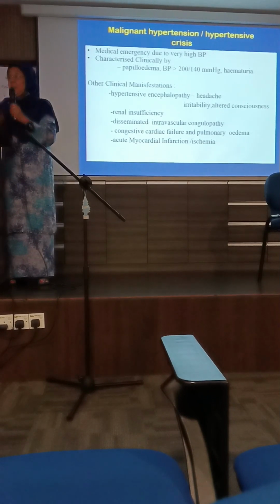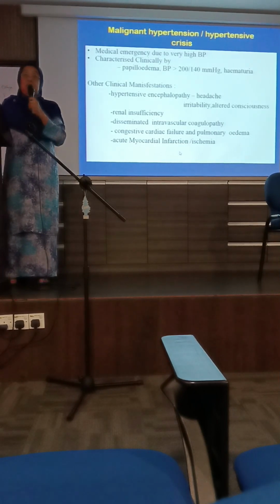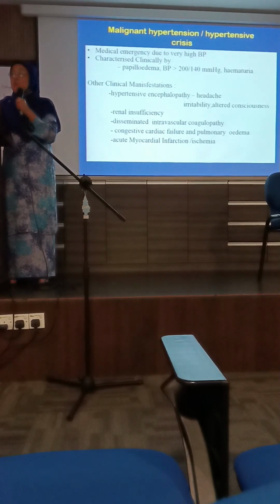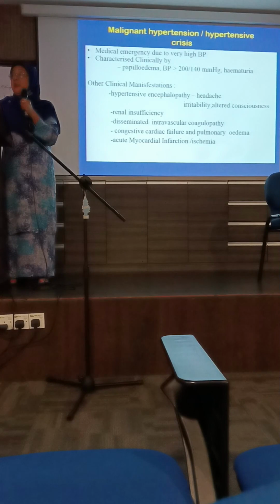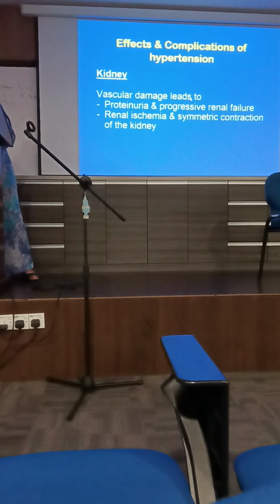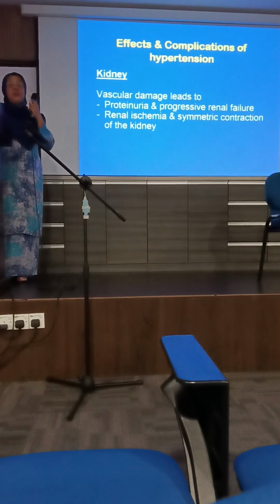And of course, pulmonary edema, and some of them may have acute myocardial infarction and ischemia, all related to systemic effects of high blood pressure. But the definition here is blood pressure of more than 200 systolic, 140 diastolic, and commonly papilledema and hematuria. Okay, so that's malignant hypertension.